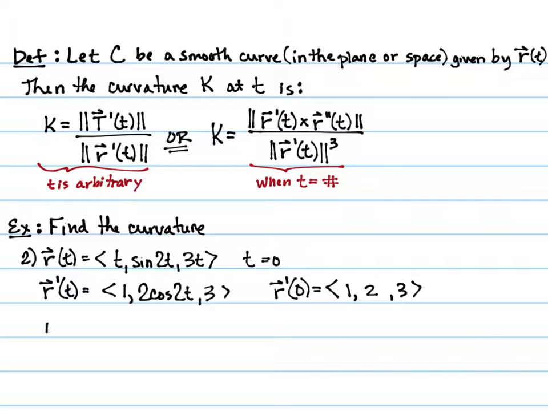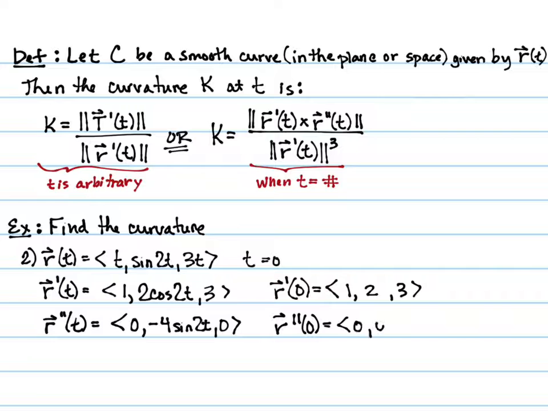Let's do a second derivative. So what is the second derivative? Yep. And what is the second derivative evaluated then at 0? Yeah, it's the 0 vector. So just take a stab in the dark.